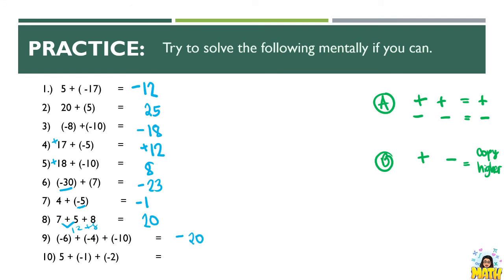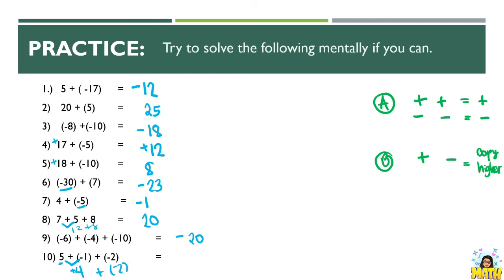And number 10, since we have different signs, we can simply just add two numbers or integers at a time. 5 plus negative 1, so they have different signs, so subtract 5 minus 1, 4, copy the sign of the higher absolute value, that's positive 4, and then you add it to negative 2.